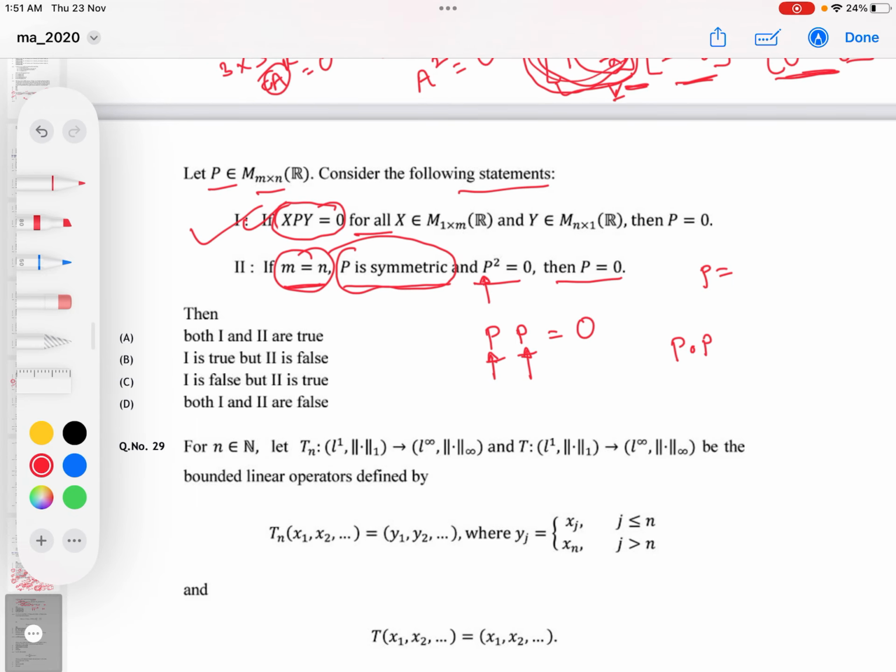The property of a symmetric matrix is that suppose we have some matrix A that is symmetric, and if we take the transpose of this A, then what we will get is itself, A. So if this P is a symmetric matrix, and if we take this P square, then what we will get is P transpose, and again it will be P into P. So we get the same thing, P into P.